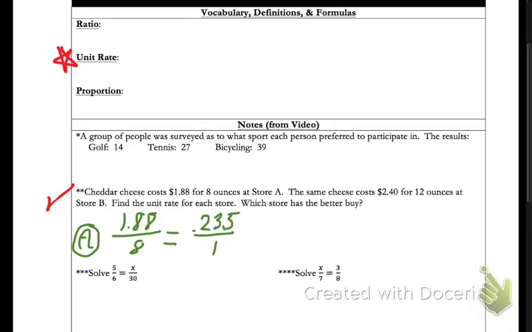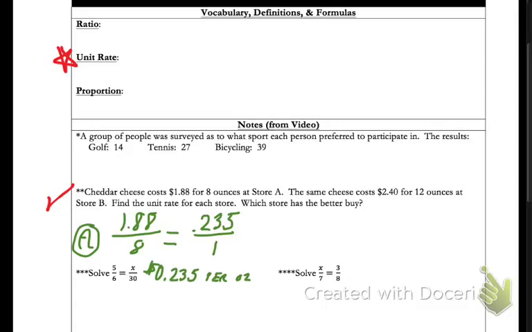If we divide that, it reduces to 0.235 over 1. Now, guys, here's what that really means. It means that at store A, the cost is 0.235 dollars per ounce. That's 23.5 cents if we wanted to be a little bit more specific in terms of the money.